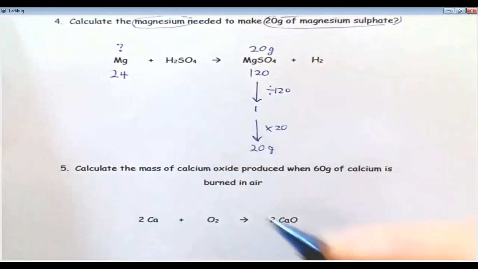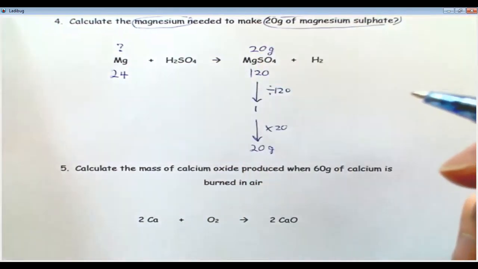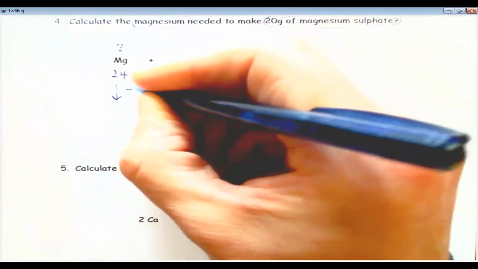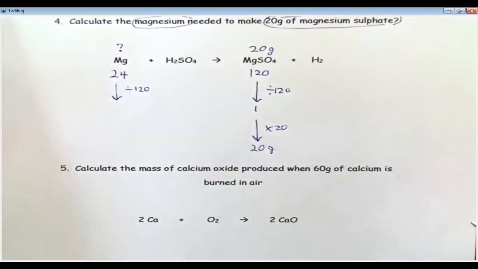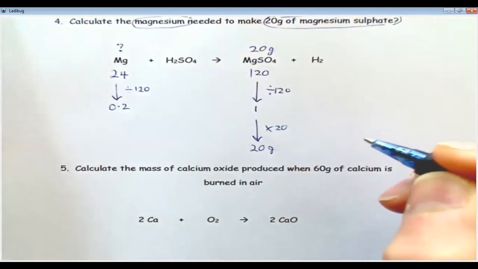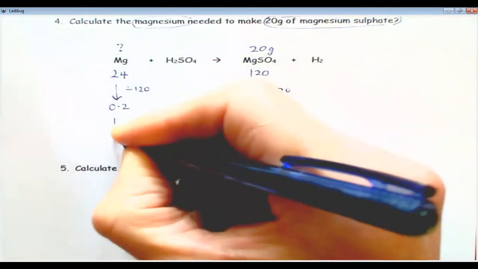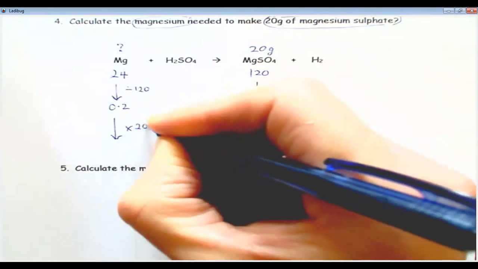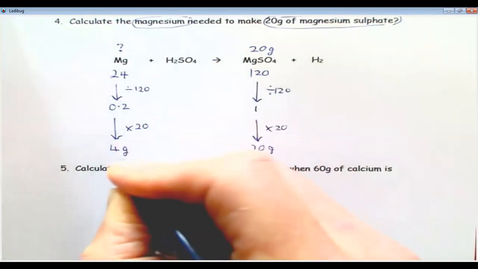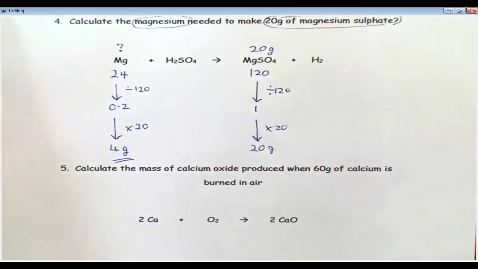Do the same on the other side. That's the answer to question number 4.